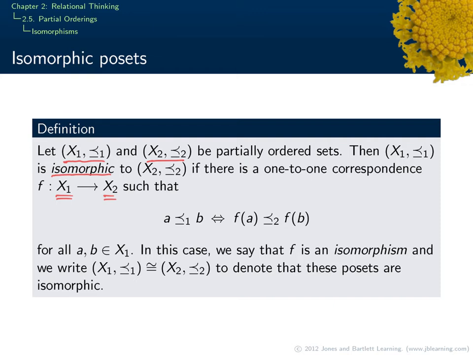That is, if A is less than or equal to B in x1, then f of A is less than or equal to f of B over in x2. So if we have this situation, we say that this function f is an isomorphism. And we use this notation to indicate that the two partially ordered sets are isomorphic.